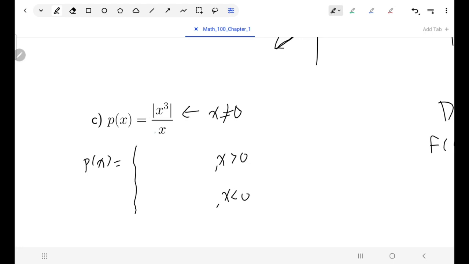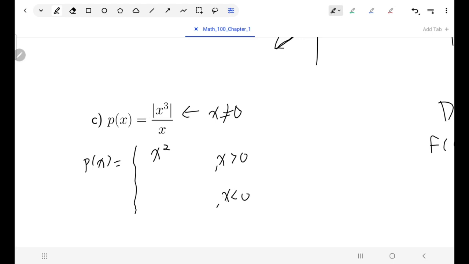So what do we have for P of x? Well, if x is positive, then the absolute value signs aren't really doing anything for us because a positive number cubed is already positive. So P of x is really x cubed over x. But of course, that's the same thing as just x squared. So in other words, our graph is the graph of x squared when we're to the right of 0.